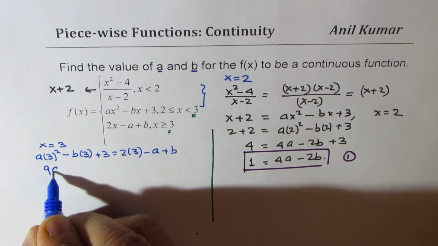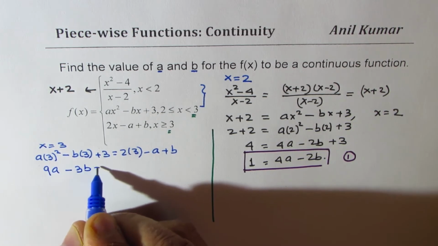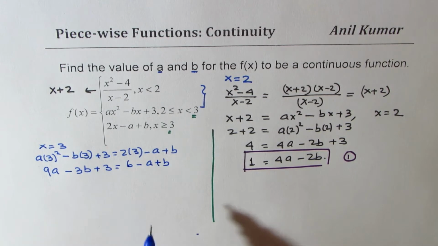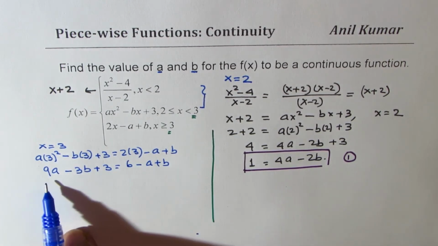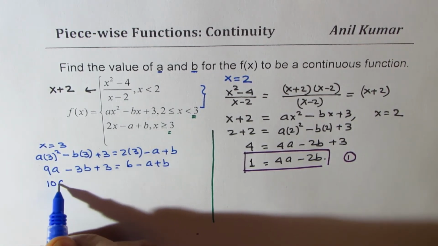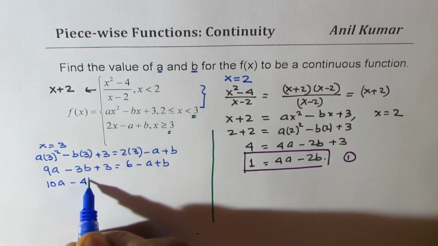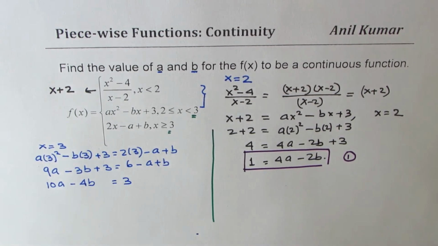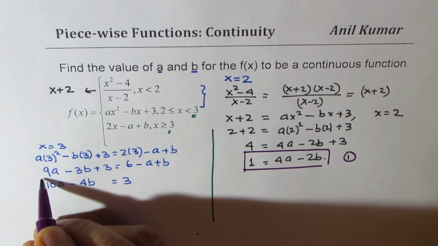That gives you 9a minus 3b plus 3 equals 6 minus a plus b. Now bringing a's and b's to the left side, we get 10a minus 4b, taking the constant to the right side, equals 3. So we get our second equation.